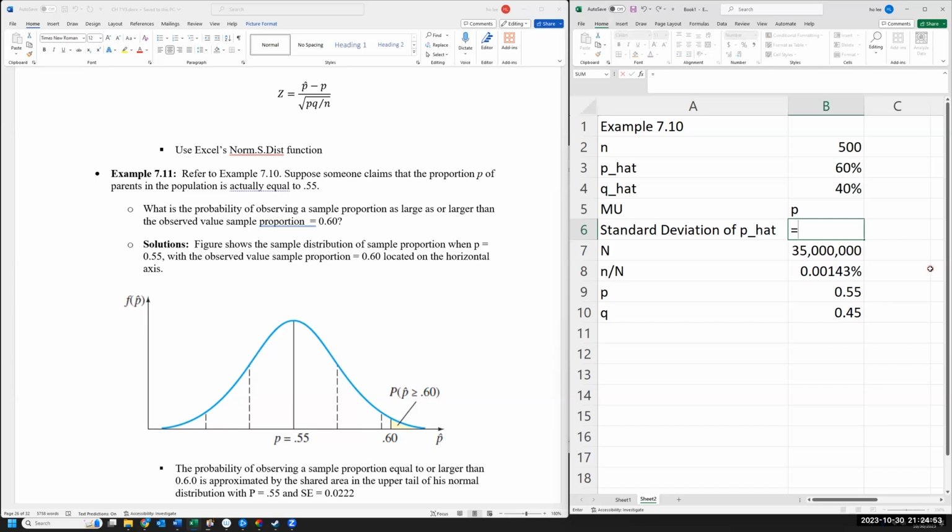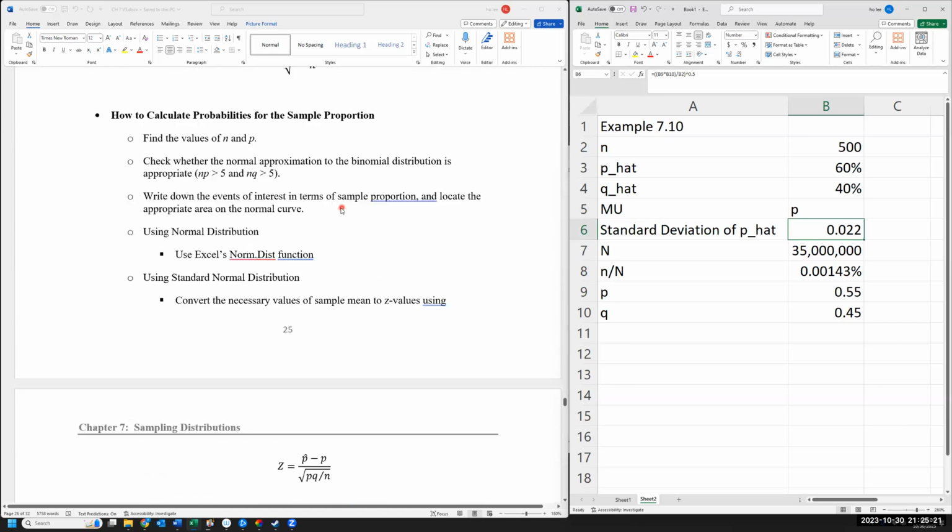This is equal to, okay, it's P times Q divided by N, and the whole thing, I believe, is square rooted, to the 0.5. Okay. Let's make sure.